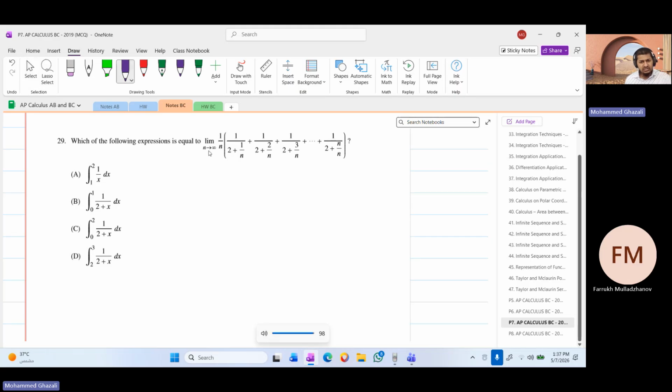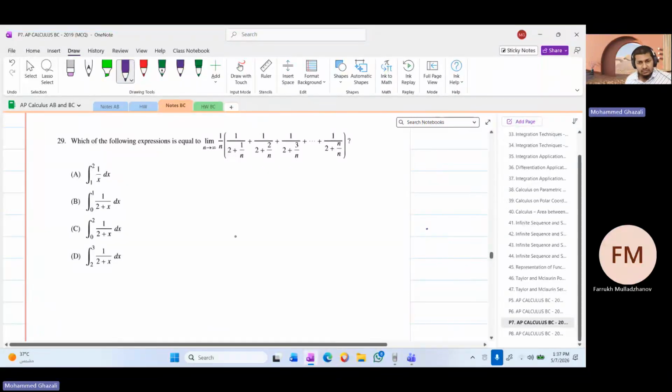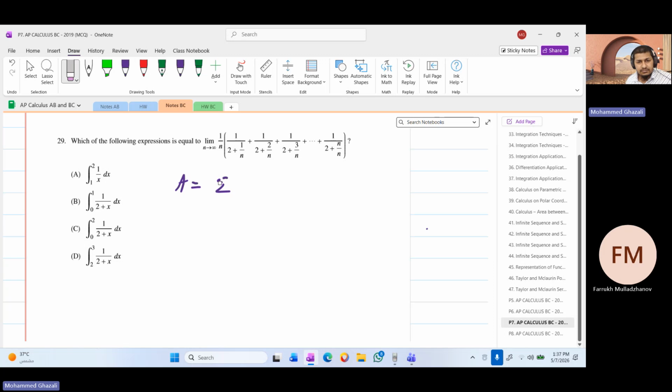Let's move on to question number 29. Which of the following expressions is equal to this? Now remember the Riemann sum formula: the limit as n approaches infinity of the sum from i equals 1 to n of delta x, which is the width, times f of x i.